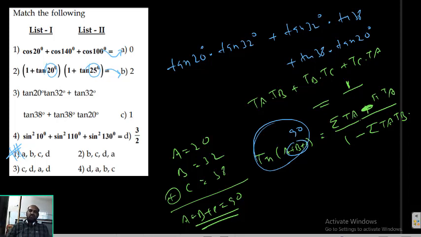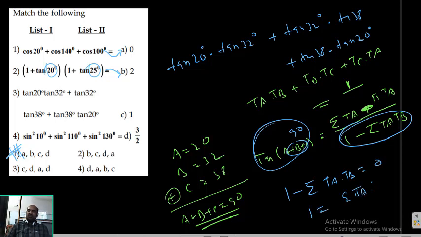LHS won't be defined means RHS should not be defined, the fraction should not be defined, means the denominator should be 0, means 1 minus sigma tan A into tan B should be 0, or 1 equal to sigma tan A into tan B, that is tan A into tan B plus tan B into tan C plus tan C into tan A equal to 1. So I can say that this is compared with C.